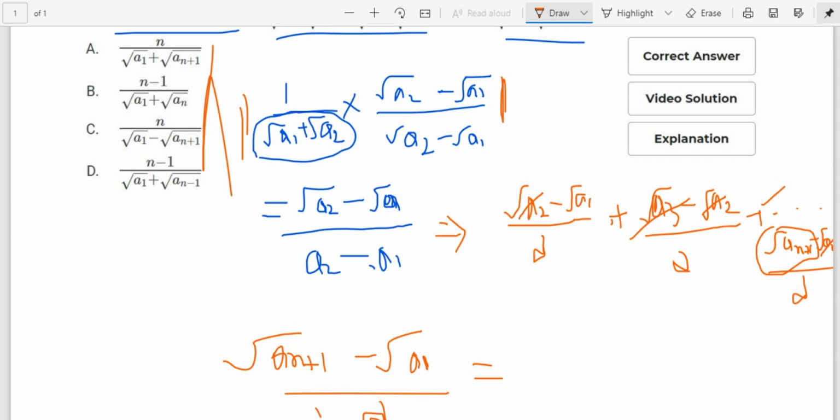So I have to resolve this d in the form of these options, isn't it? Now again I'm going to rationalize this, because I have to get my answer in these options.